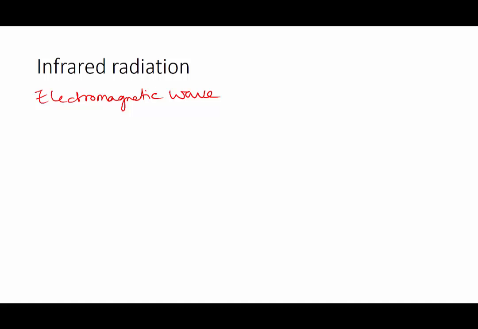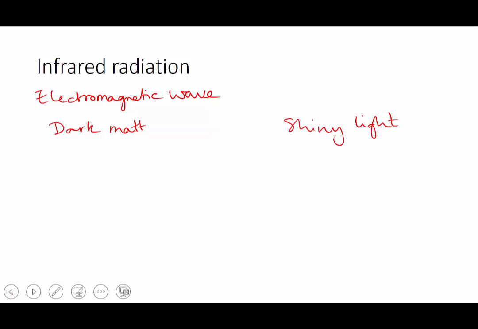So you will remember that we look at 2 different types of surface when we're looking at infrared radiation. We have the dark matte surfaces, and we have the shiny light surfaces. So the dark matte surfaces are good at absorbing infrared radiation.